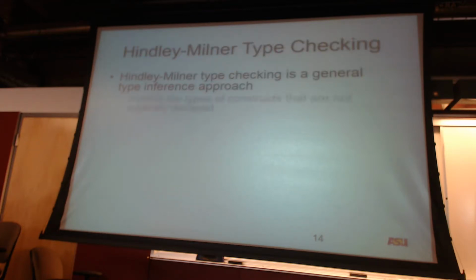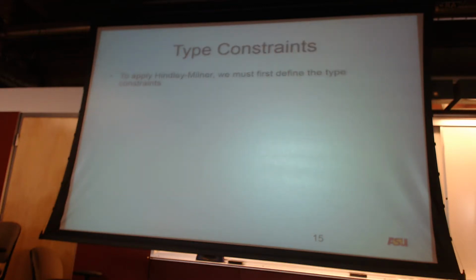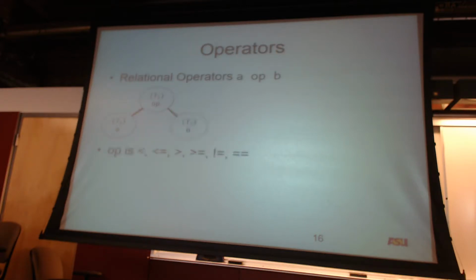So again, very quickly, type constraints, we know integers, real numbers, boolean, strings. Then we have relational operators, less than, equal to, greater than, those things. So what is the relational operator type? T1 has to be boolean and A has to be equal to B. So the type of A has to be equal to the type of B. So for A less than B, the type of A has to be equal to the type of B.